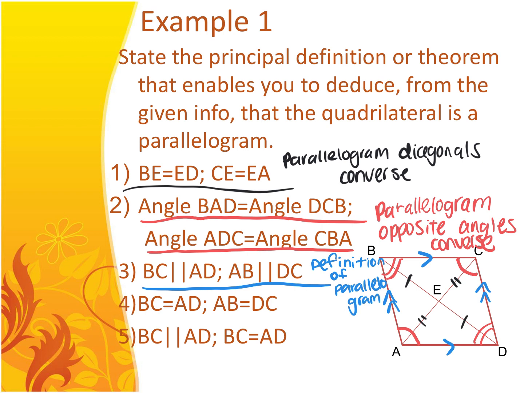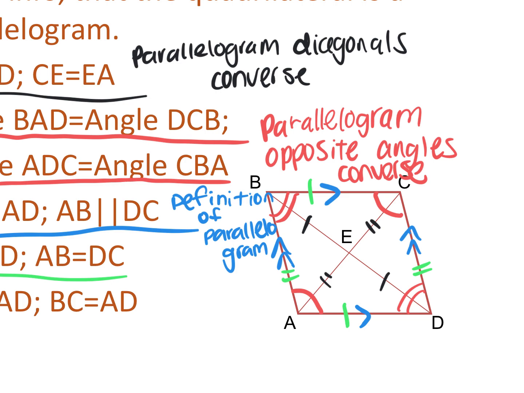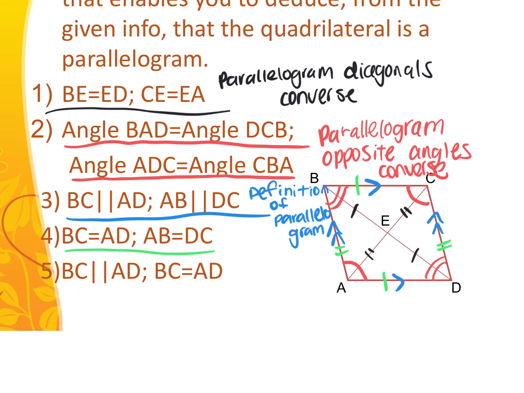Okay, in the 4th one, we have BC is equal to AD and AB is equal to DC. All right, let's put that on our figure. BC is congruent to AD, and then AB is congruent to DC. So using those green marks, what theorem can I use to prove that it's a parallelogram?